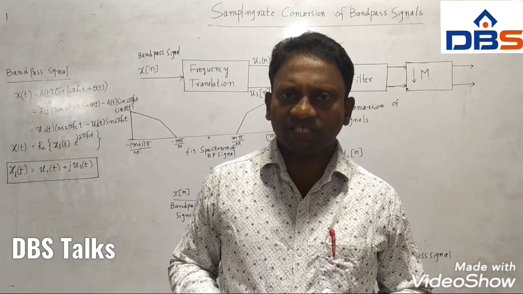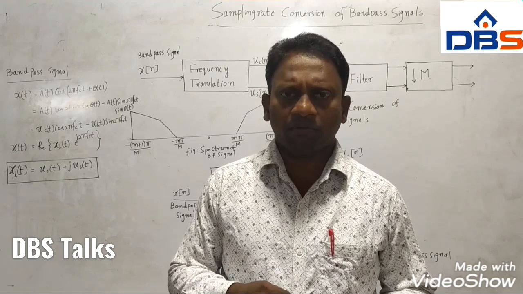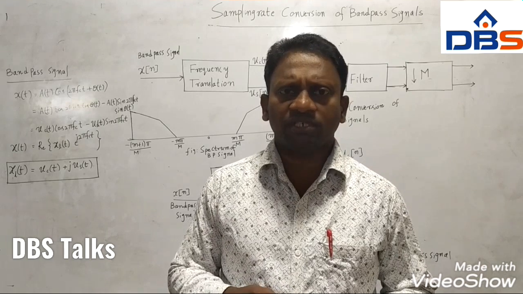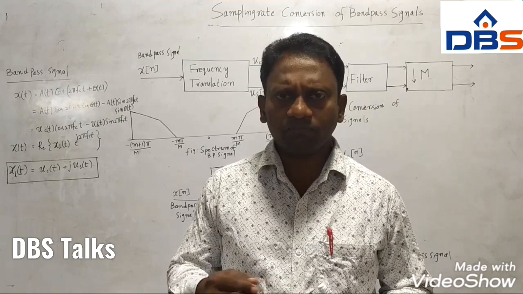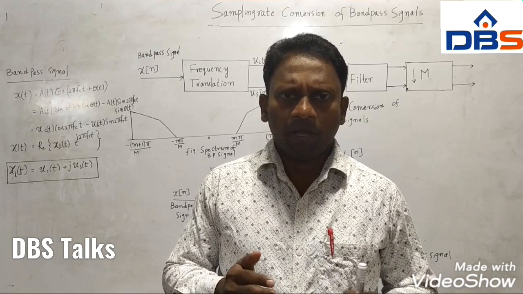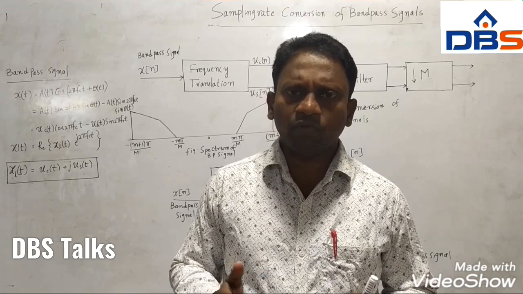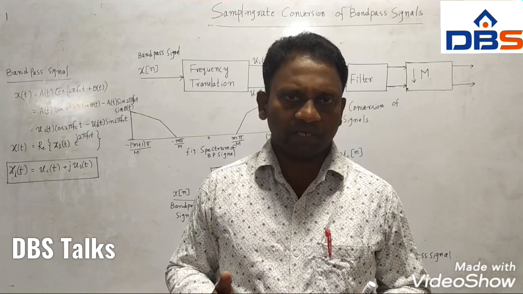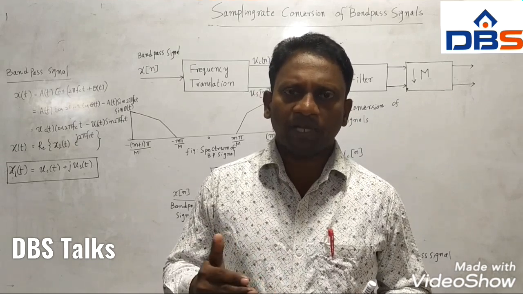Most of the voice signals, and sometimes even most of the image and other video signals, are low pass signals. If you want to transmit that signal, we have to translate that low pass signal to a bandpass signal.